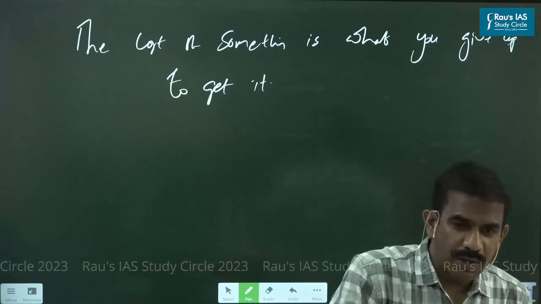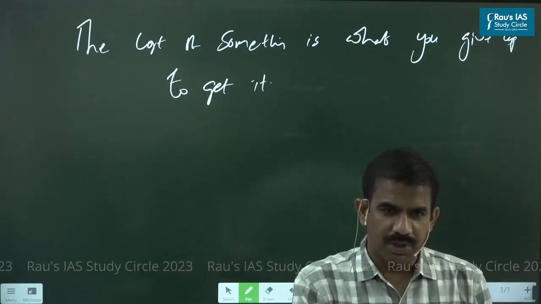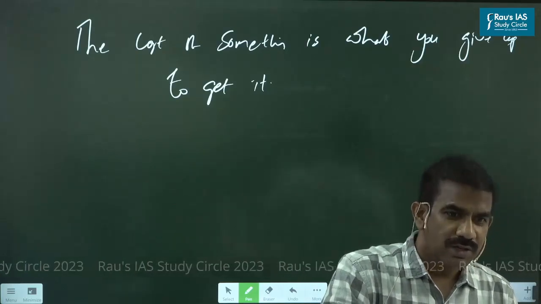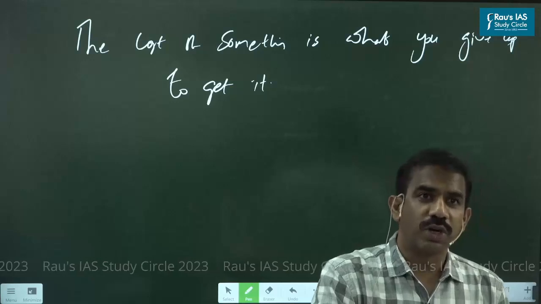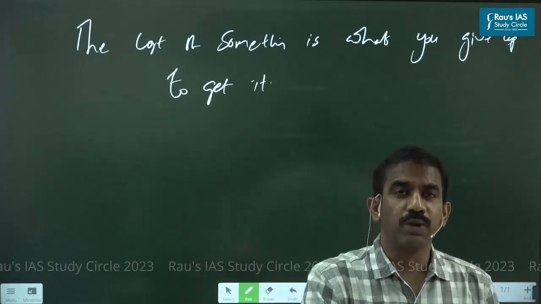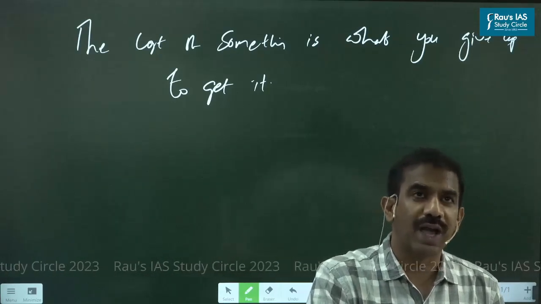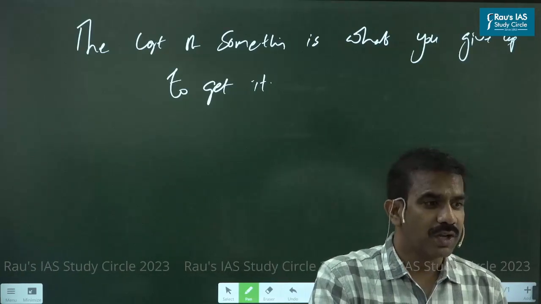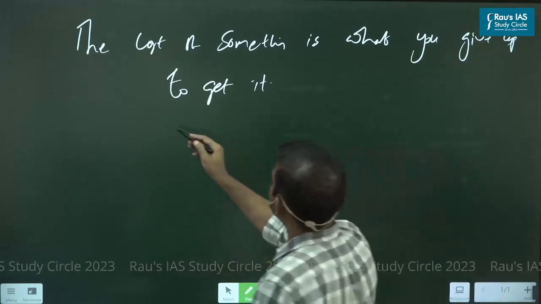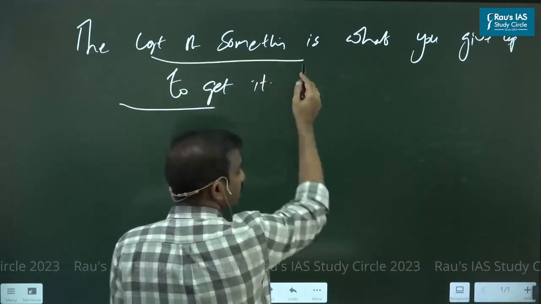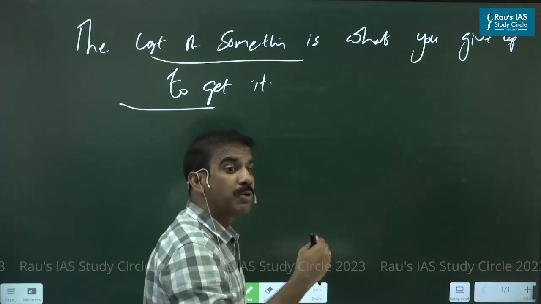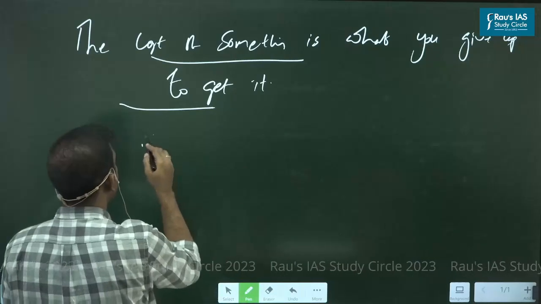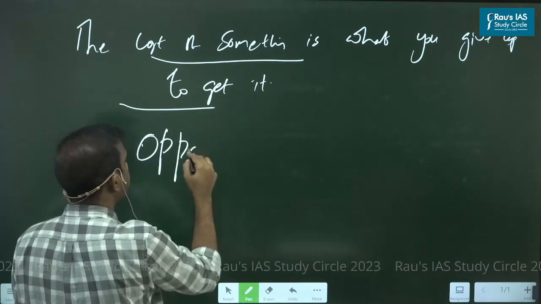But how many burgers you need to forego for an extra pizza, or how many pizzas you need to forego for an extra burger, is measured by what we call opportunity cost. And that's what this simply says. The cost of something is what you are giving up to get it, isn't it? And this, in simple parlance, people call an opportunity cost.